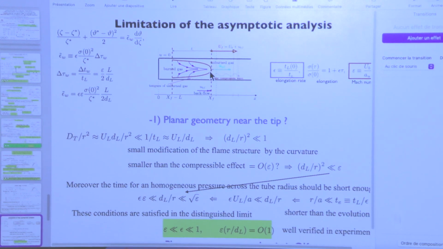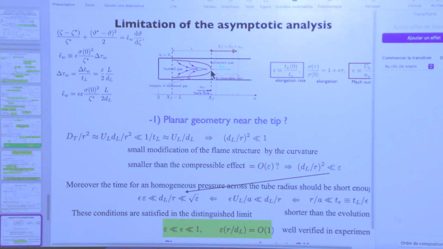And as I explained that in detail yesterday, the velocity of the flame here, let's say, the speed of the tip here could be much larger than the laminar flame speed, and even so large that it can approach the sound speed.